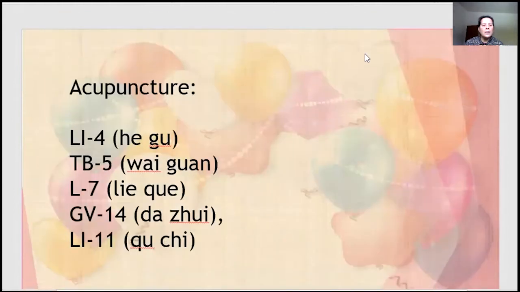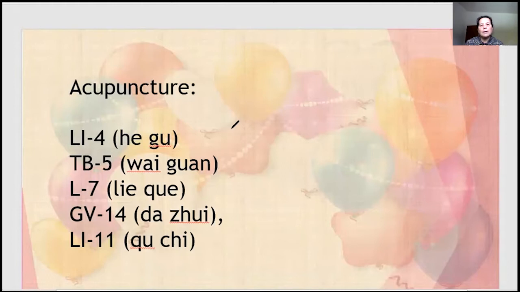The acupuncture points are pretty similar to measles. We say for TCM, different illness, same pattern, we treat the same way.